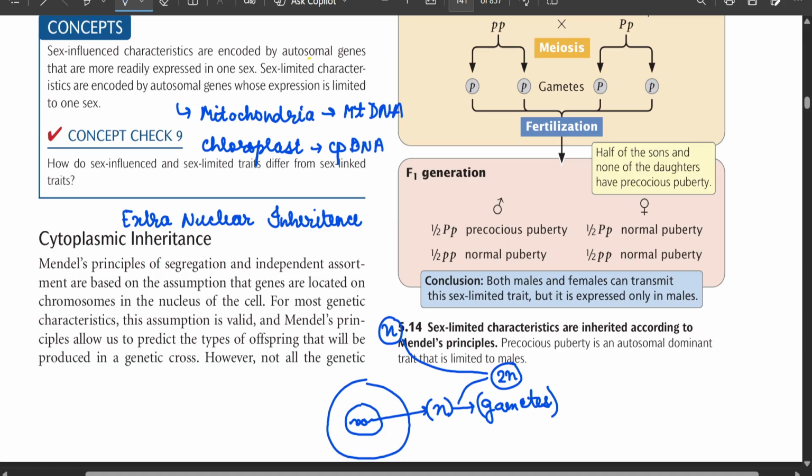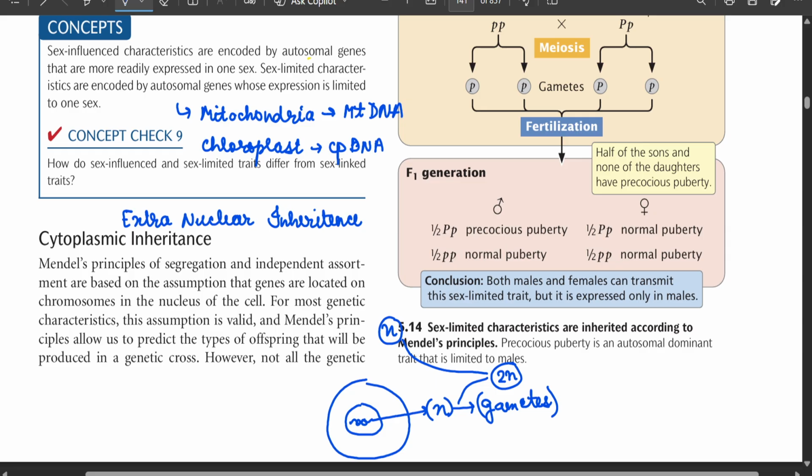So mitochondria has its own DNA, which is referred to as mtDNA or the mitochondrial DNA, and similarly the chloroplast consists of cpDNA. When this mtDNA or cpDNA is inherited by the offspring, this is referred to as extranuclear inheritance or simply cytoplasmic inheritance.